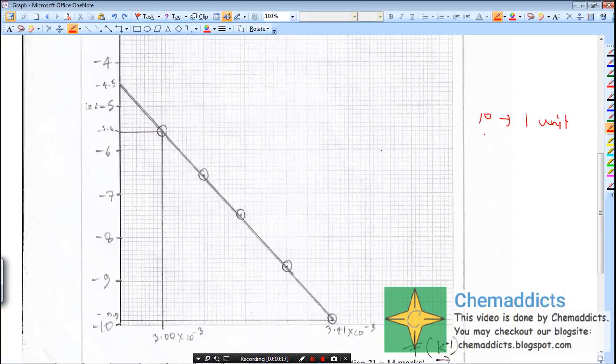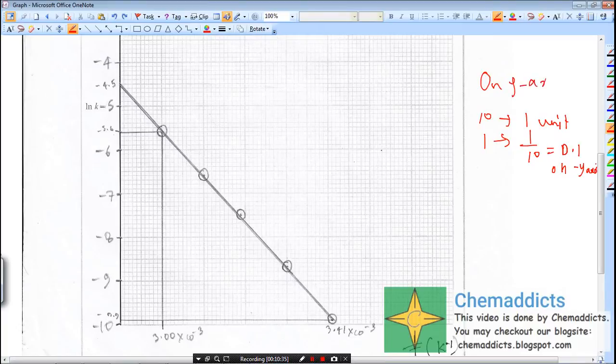So one box should be 1 by 10, that is 0.1, on the y-axis.